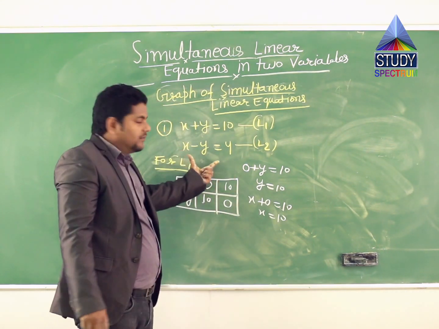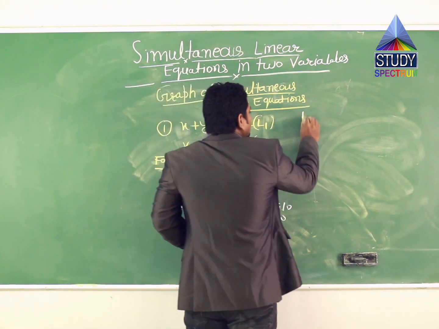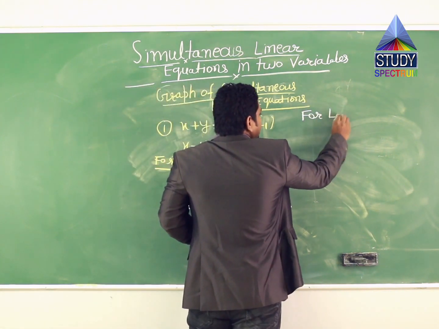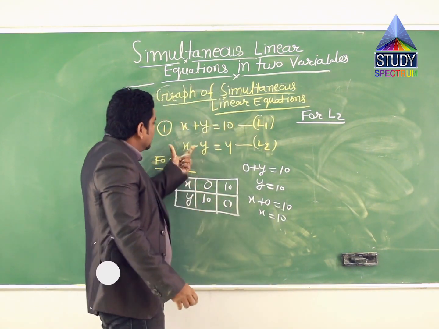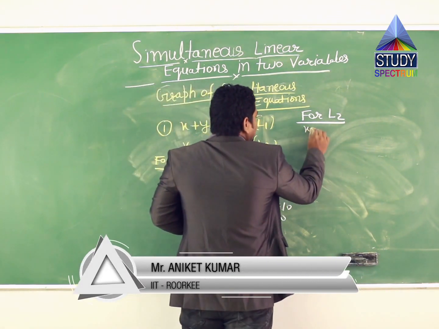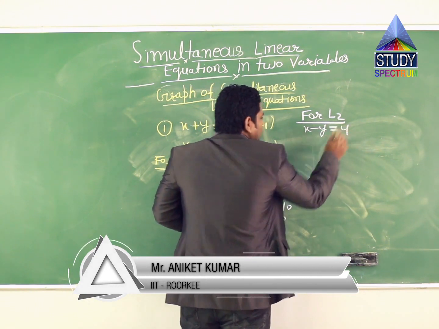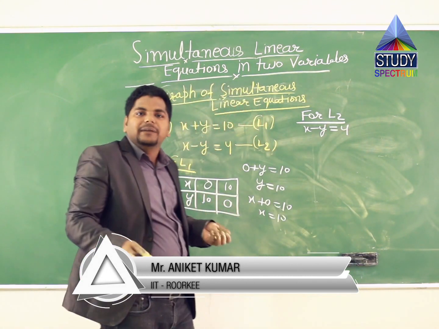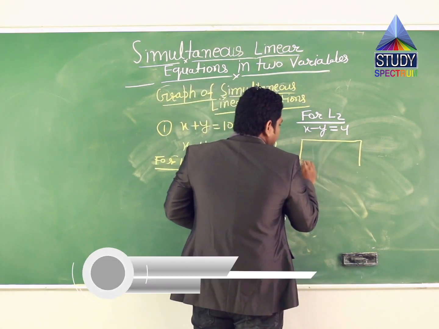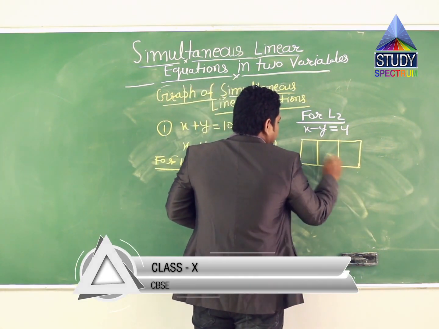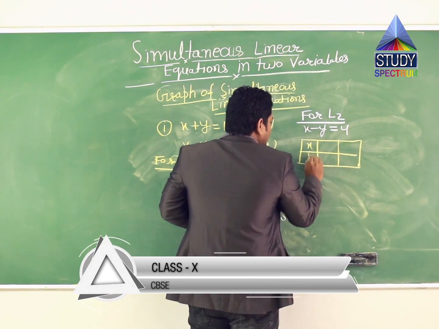Now we'll come to L2. For L2 we have the equation x minus y equal to 4. We'll again make a table, x, y.